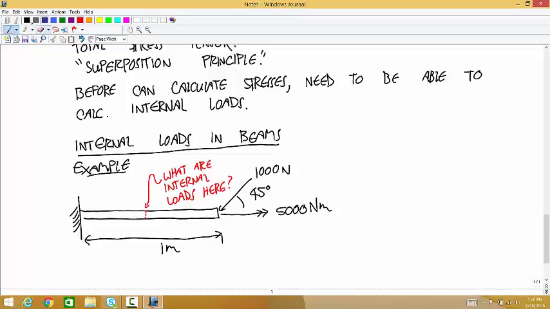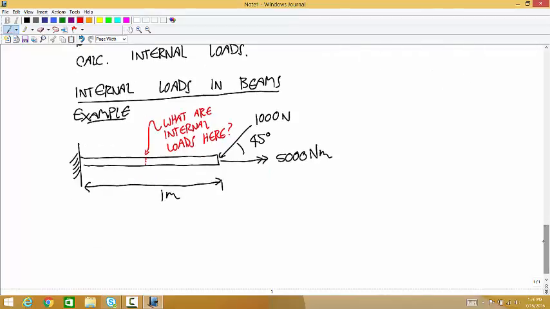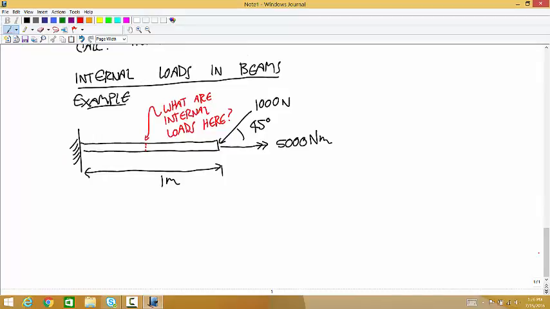Okay, so first, this notation for this couple. That double arrow notation means a couple is always two equal and opposite forces acting at a distance from each other.